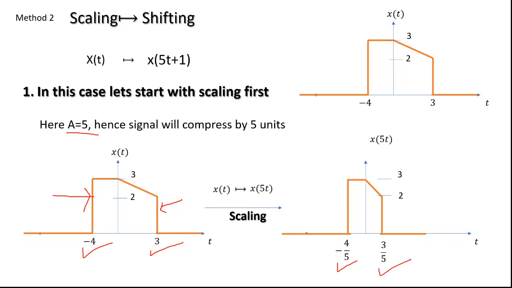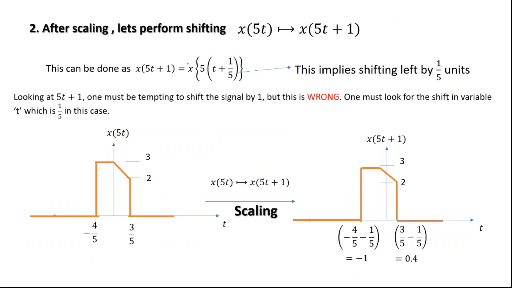Now that scaling is done, let us perform the shifting operation. We have to perform the shifting from 5t to 5t plus 1. For that we have to take 5 as common. Then the shifting will be done by 1 by 5 units.